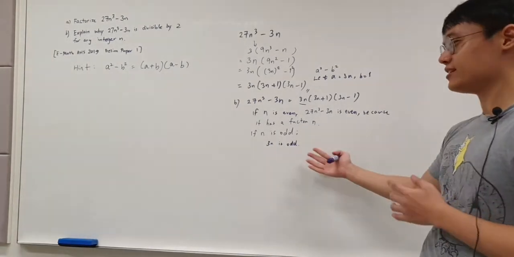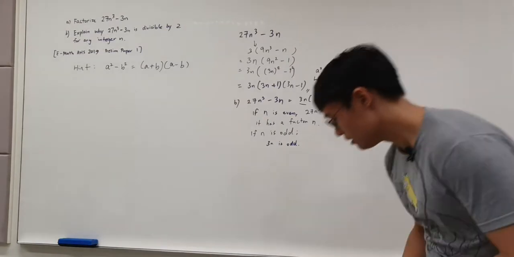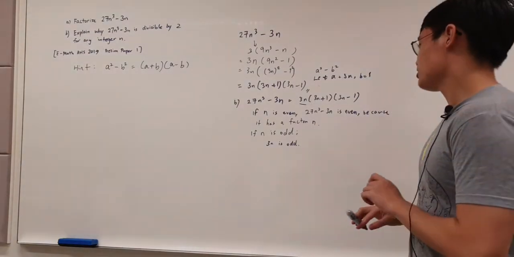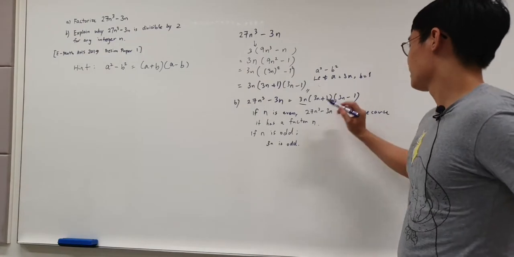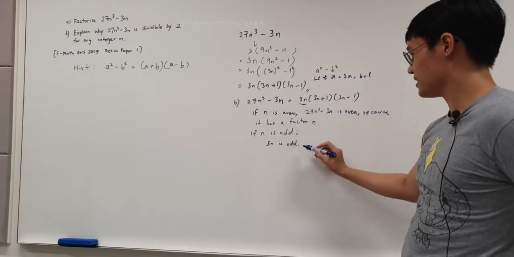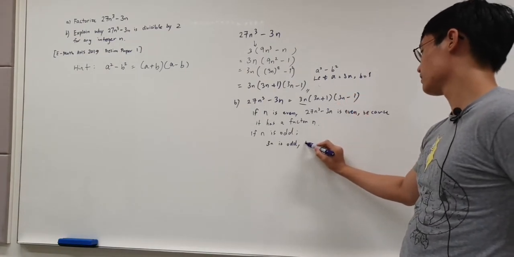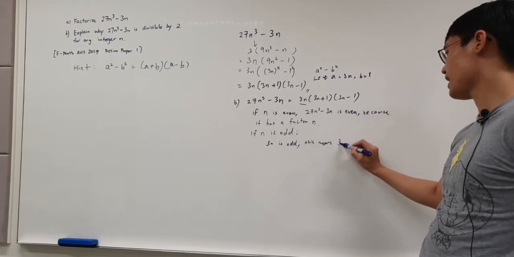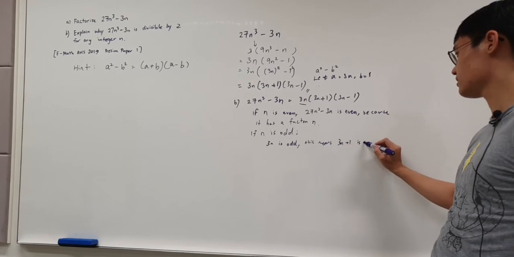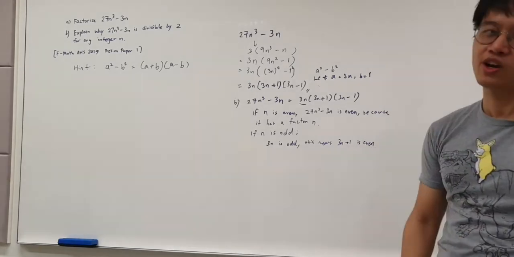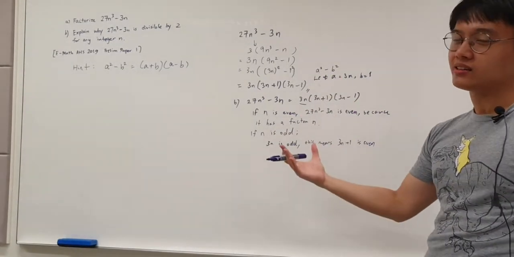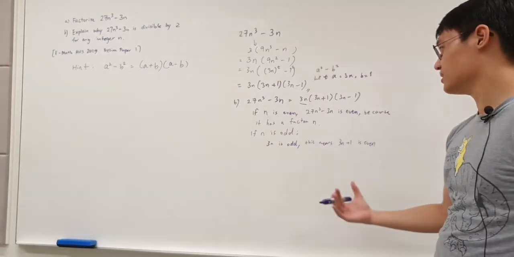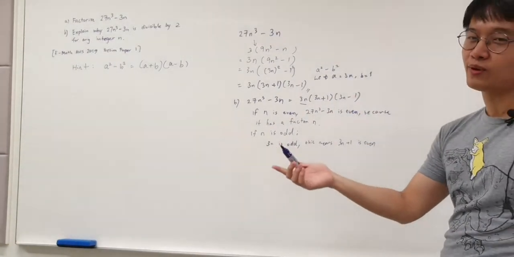Okay, so that means 3n is odd as well. And given that 3n is odd, then 3n plus 1 must be even. Why? Because every odd number, the next number will be an even number, except for -1.